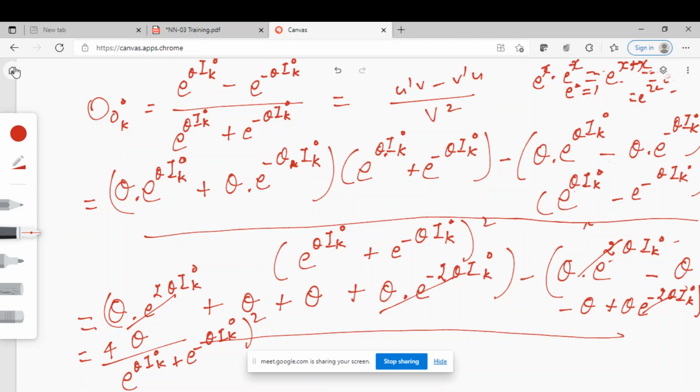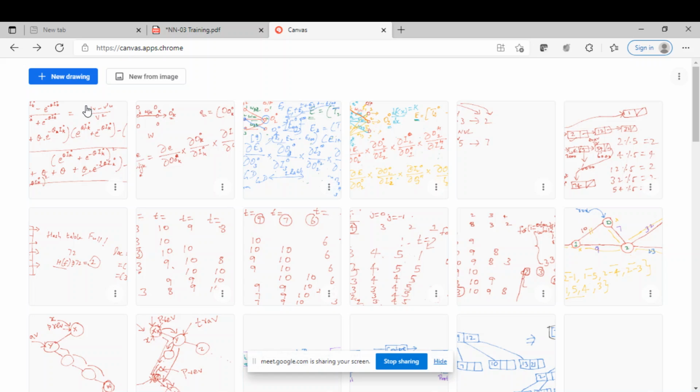What is the input to the kth neuron of the output layer? Again, if you take the neural network diagram, say input layer, hidden layer, output layer. Now we are concerned with this input. Say this is the jth neuron of the hidden layer, and this is the kth neuron of the output layer. So what is the input to the kth neuron of the output layer?